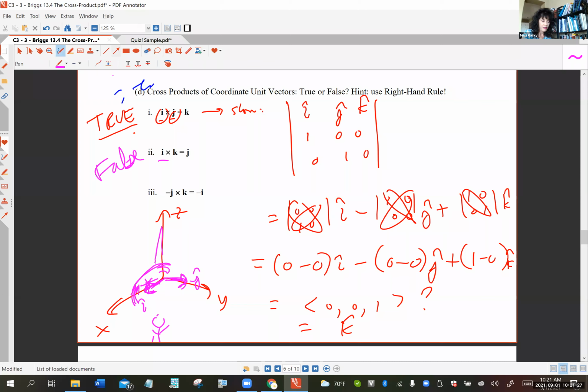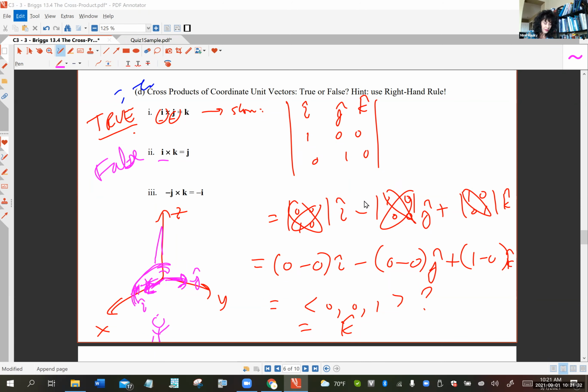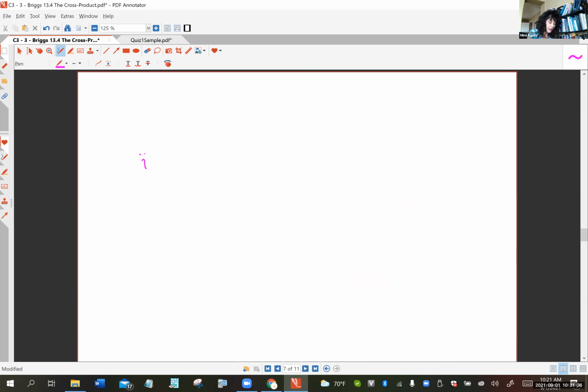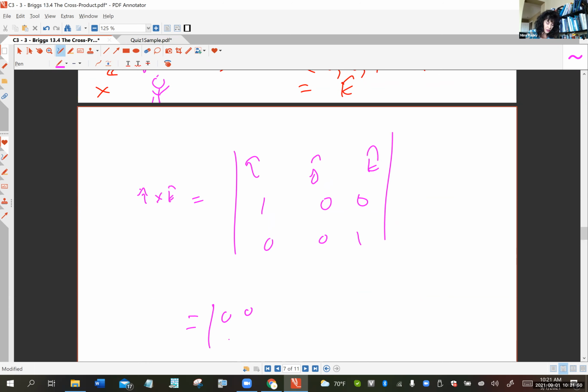So how could I prove that's false? How can I prove i cross k is not j? I'll do it the slow way. i and then k. And then use your 3 by 3. So here you've got this 2 by 2 like this, i hat minus 2 by 2 j hat plus 2 by 2 k hat.